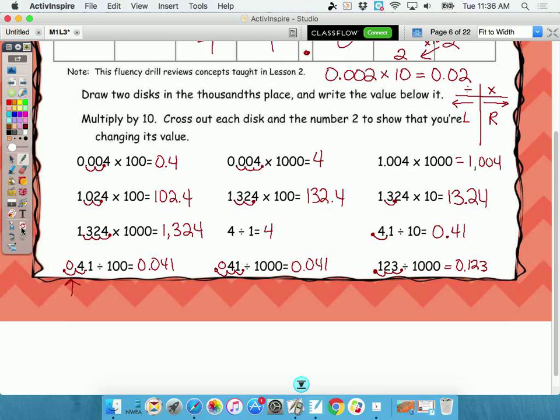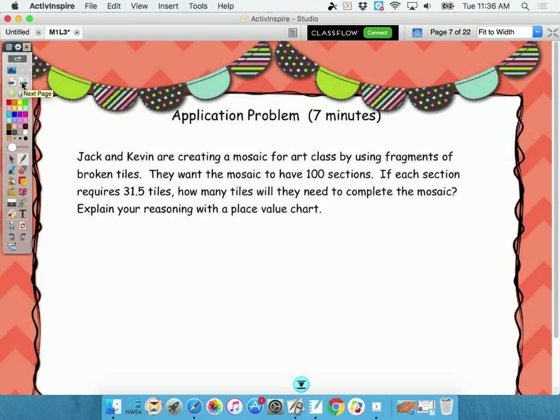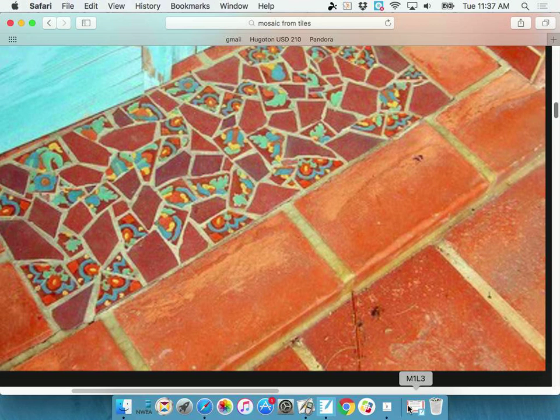Okay, let's move on. Now, boys and girls, I want to show you a mosaic, what it looks like, because we have a problem that has the word mosaic in it. So let's take a look at what a mosaic actually looks like. This is a mosaic.